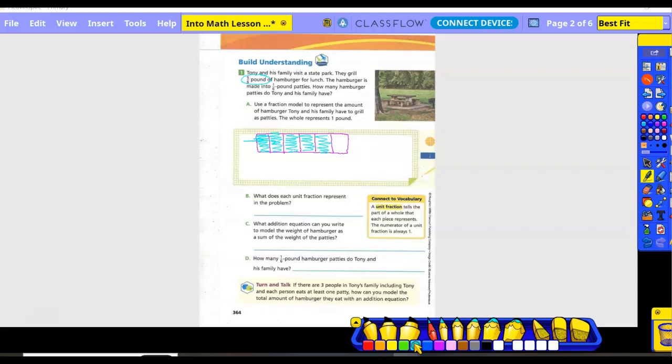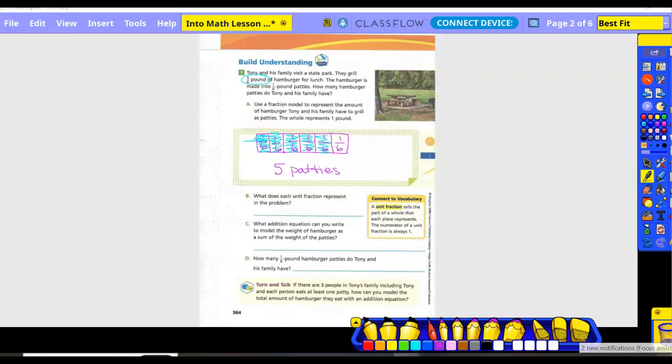And then each one of those represents what? 1/6, correct? So how many boxes did we color in? 5. So how many hamburger patties will they get? So 5 patties.